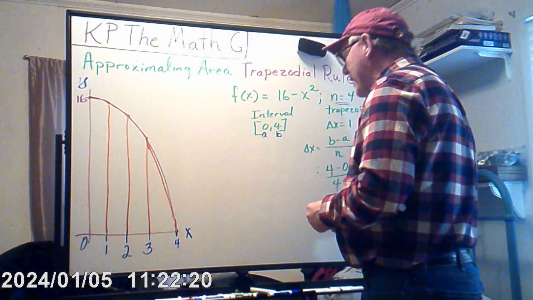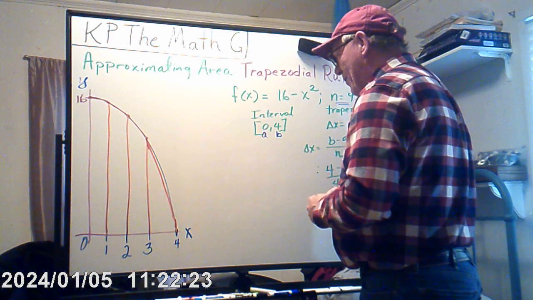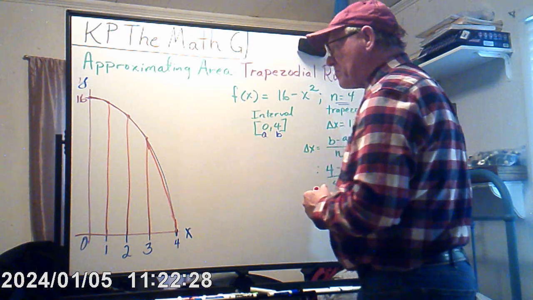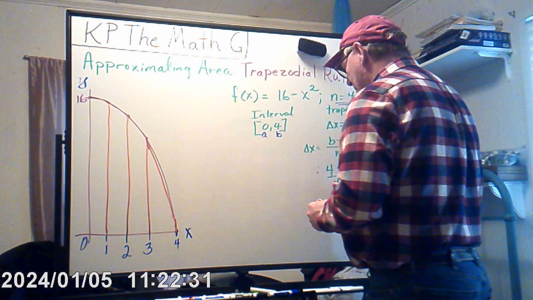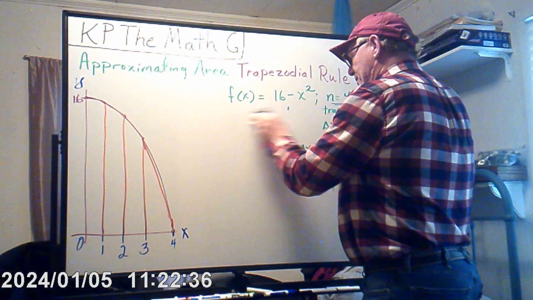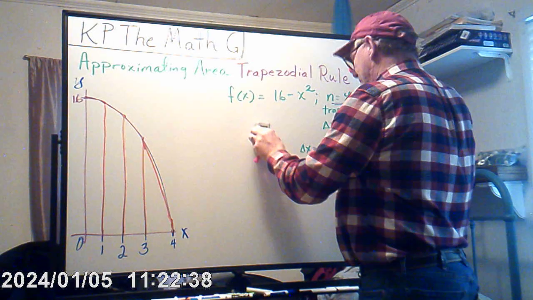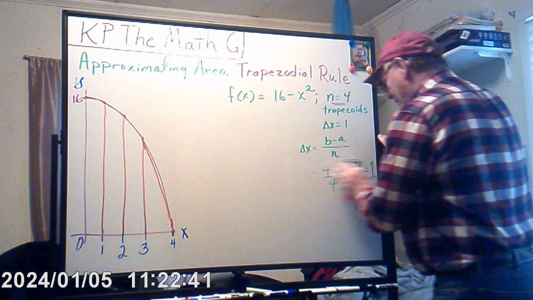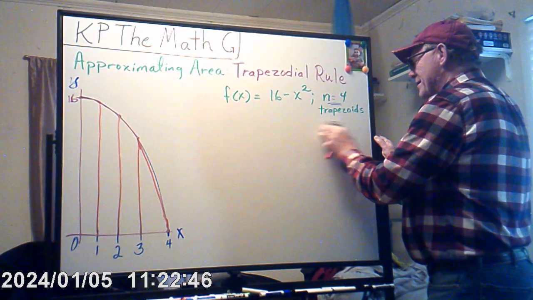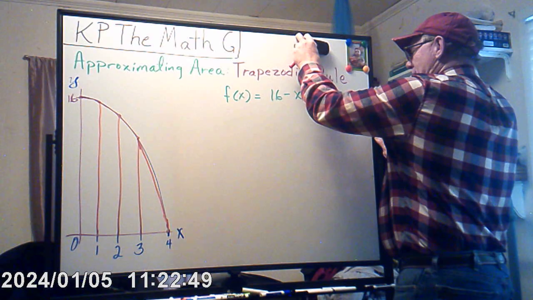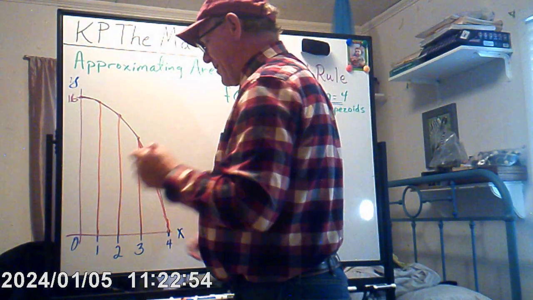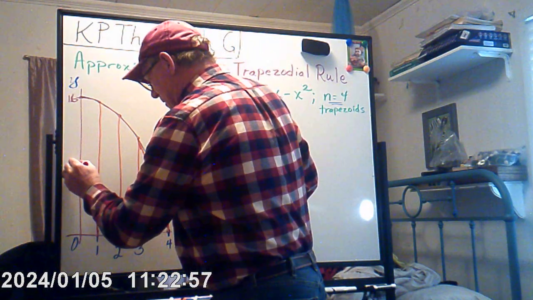Let's see what we can do with this. Incidentally, when we start to look at these trapezoids, and we know it is from 0 to 4, we're going to need all the little area we can get right here. We might call this h1.